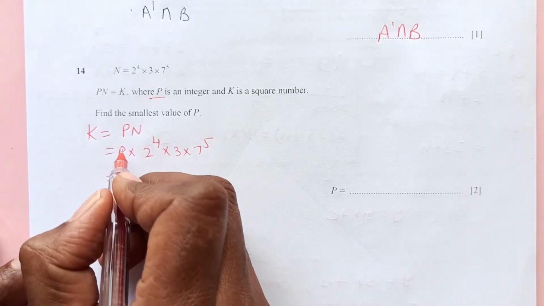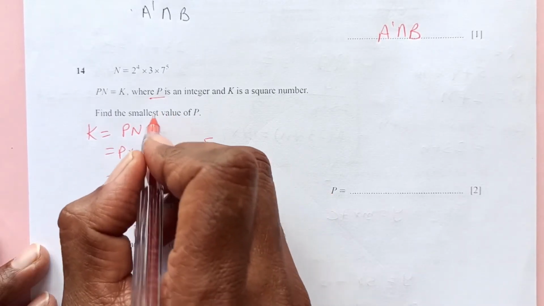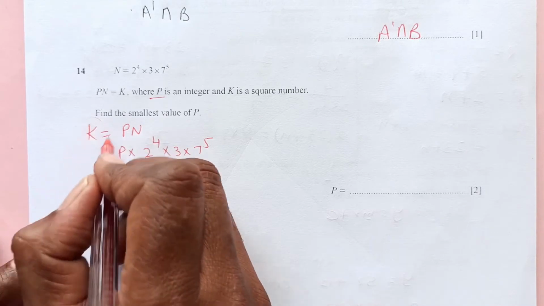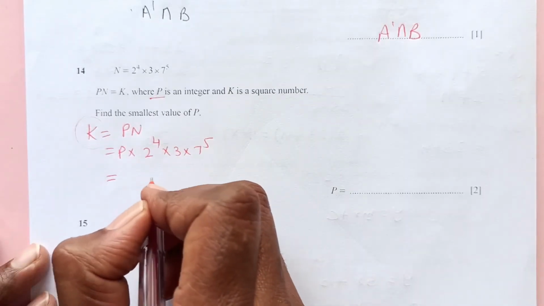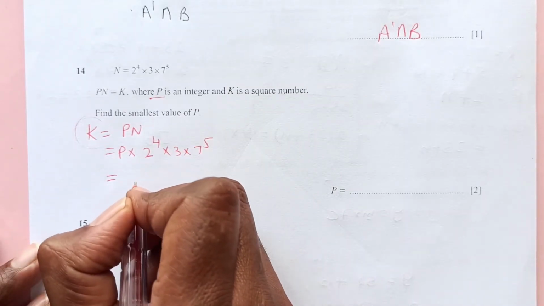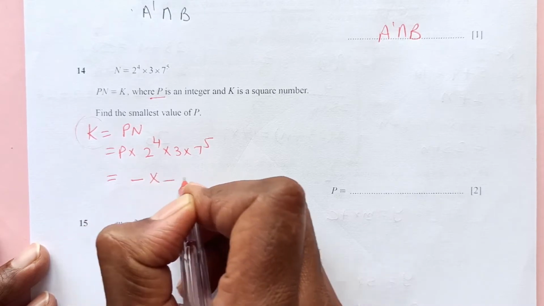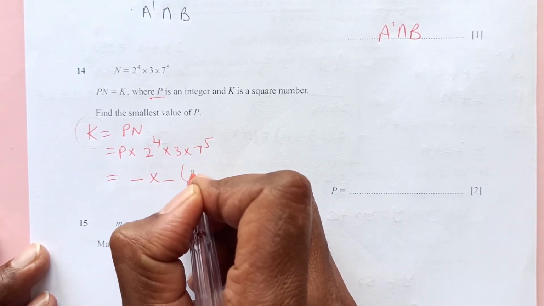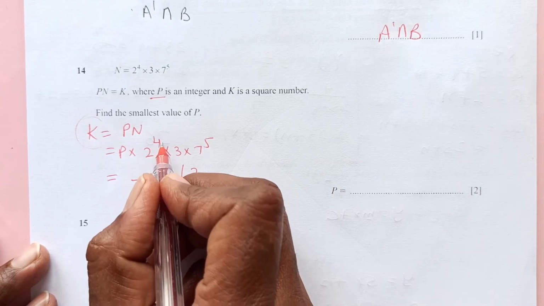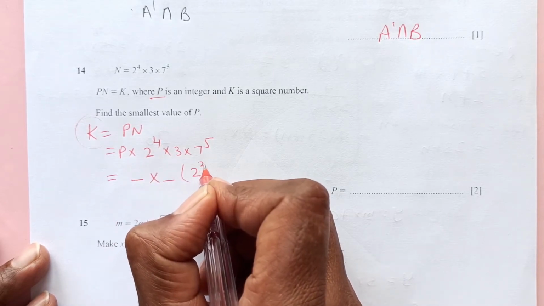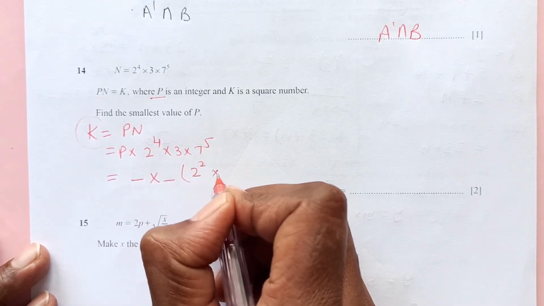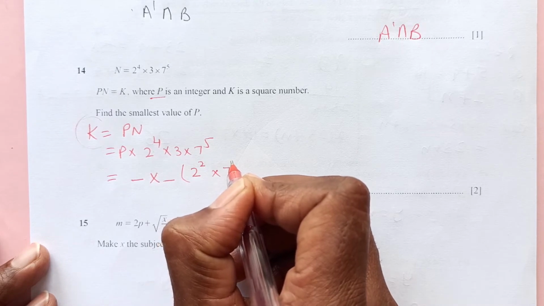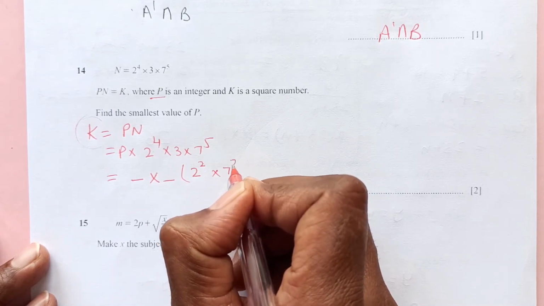As k is a square number, this answer should be a square number. That means there should be something here for this to be a square. Now if this is an even power, it can be written as 2 power 2 squared, right? And this 7 can be written as 7 power 2 and square.